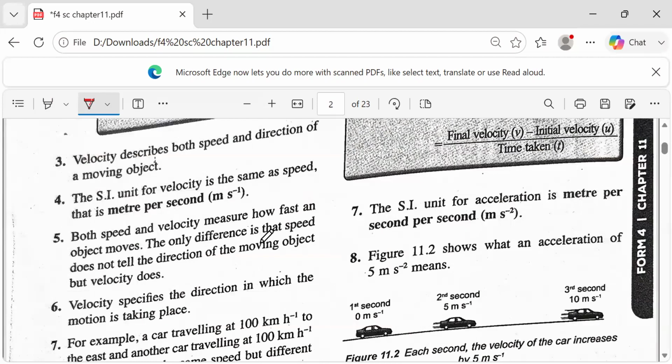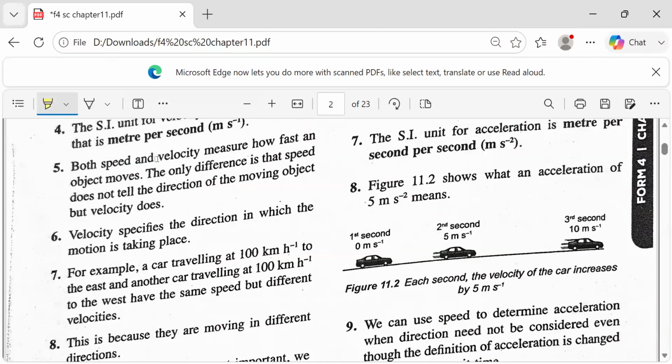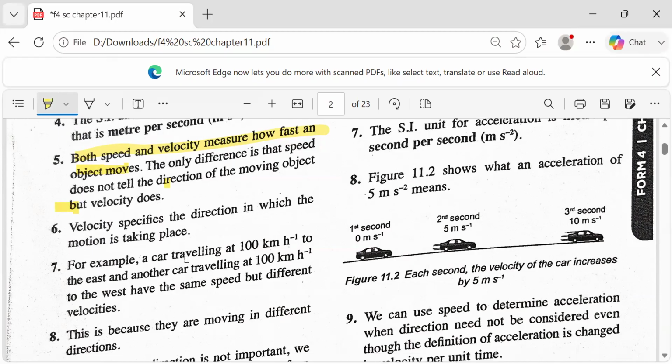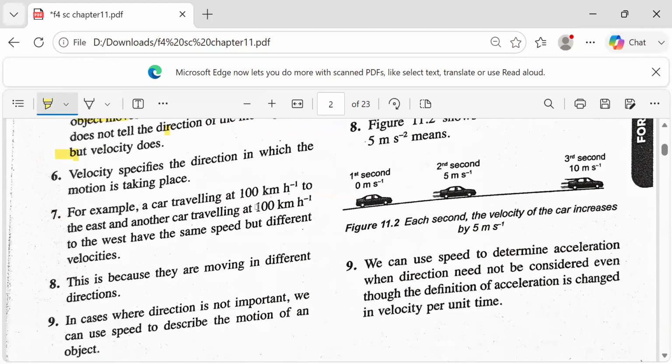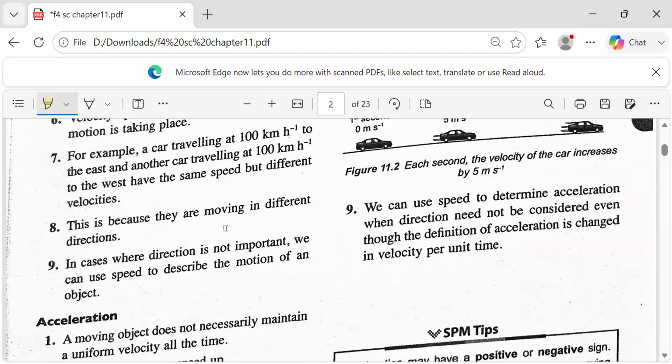Both speed and velocity measure how far an object moves. The only difference is that speed does not tell you the direction, but velocity does, positive or negative. For example, a car traveling at 100 kilometers to the east and another car traveling 100 kilometers to the west has the same speed but different velocity because it's a different direction.